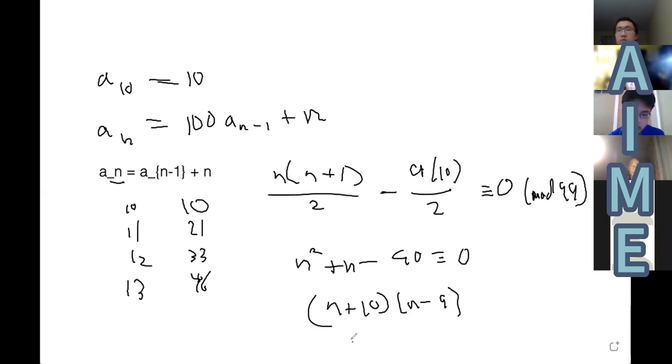Maybe this one was divisible by 11, and this one was divisible by 9, or the other way around. Once I did that, sort of guess and checking, I got the smallest n was 45. So that was my answer.